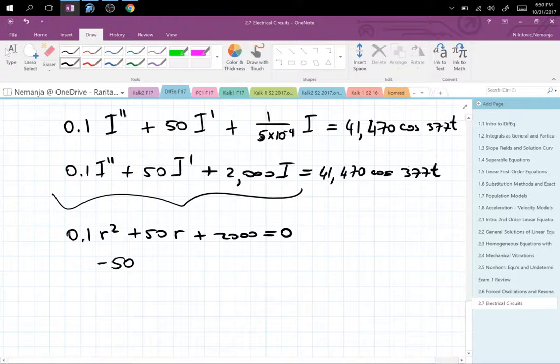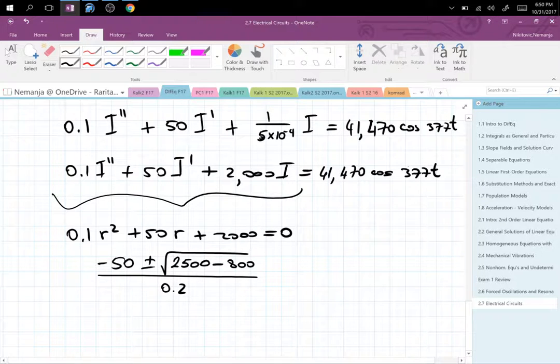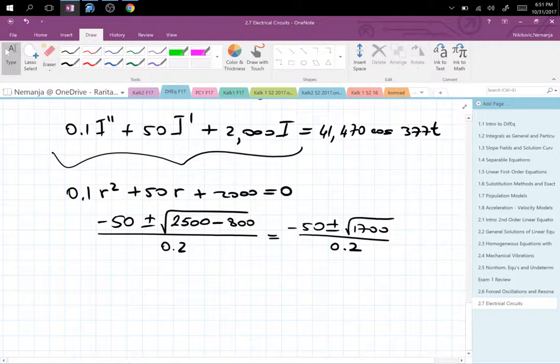No, I got this. Trust me. Minus 4 times, that is 800, right? Divided by 0.2, because this is going to knock off a 0. That's 200 times 4. See? 0.2.